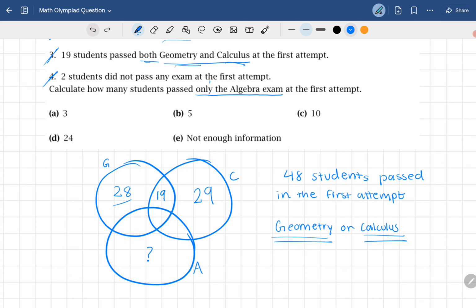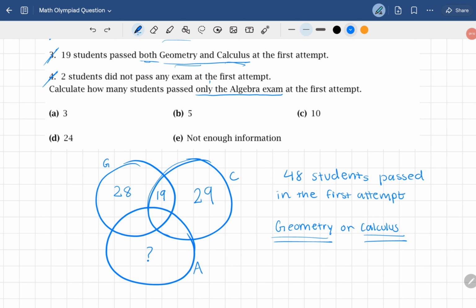This 19 is included in the calculus section, meaning that this 19 is still part of calculus and also still part of geometry. So 19 students passed both tests. However, this 28 and 29 means that 28 individuals passed the geometry test and 29 individuals passed the calculus test.